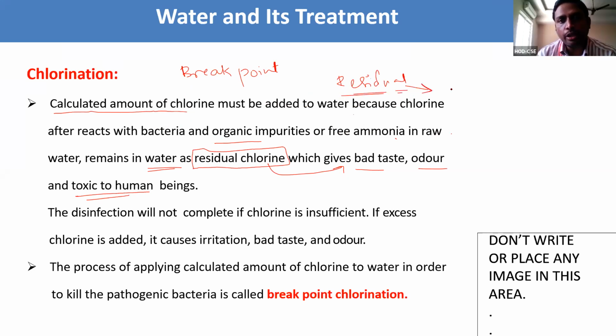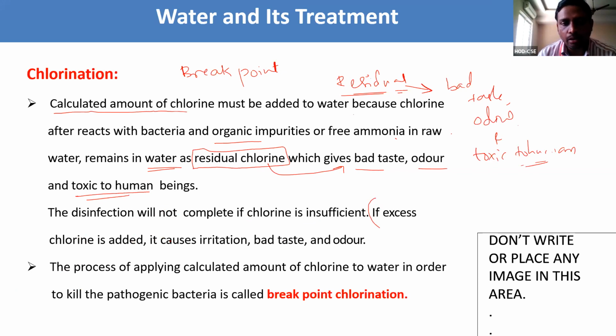It creates bad taste, odor, smell, and toxic problems for human beings. So for this purpose we need to add the calculated amount of chlorine only. The disinfection will not be complete if chlorine is insufficient. If excess chlorine is added, what does it cause?